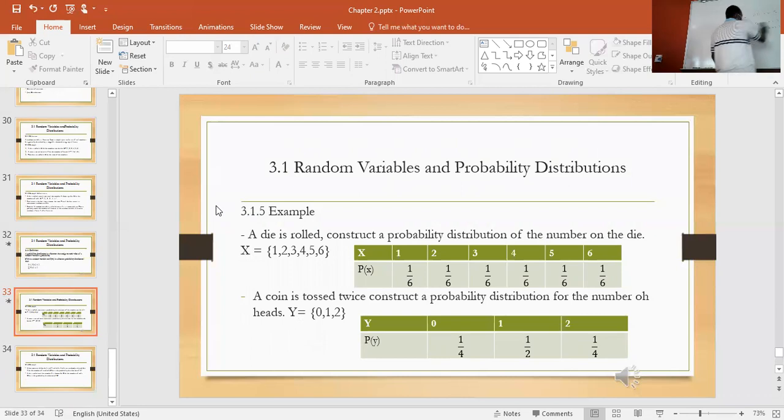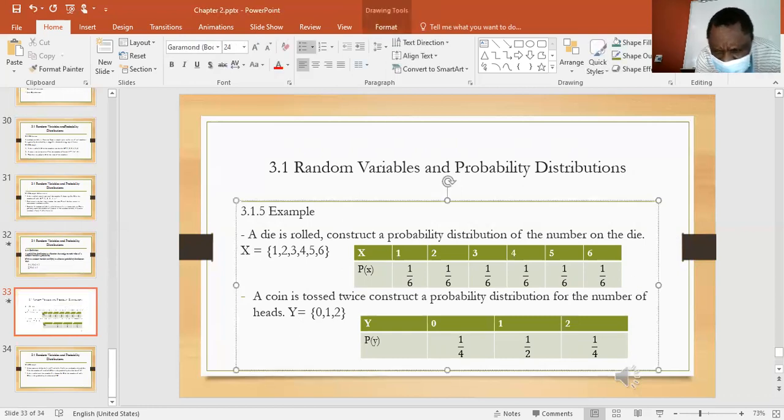The second example is a coin is tossed twice. Construct a probability distribution for the number of heads. So if a coin is tossed twice, the sample space will be head, head, head, tail, tail, head, tail, tail.